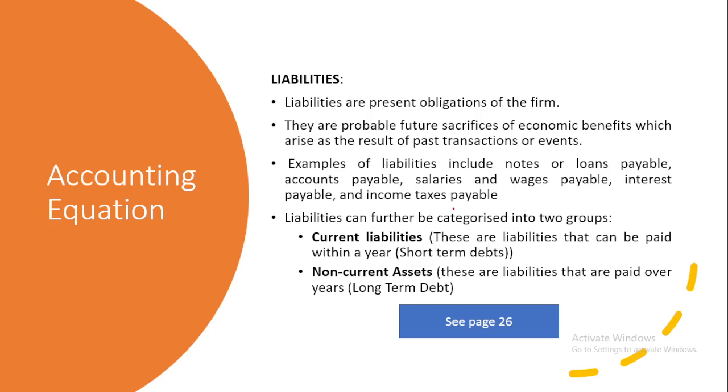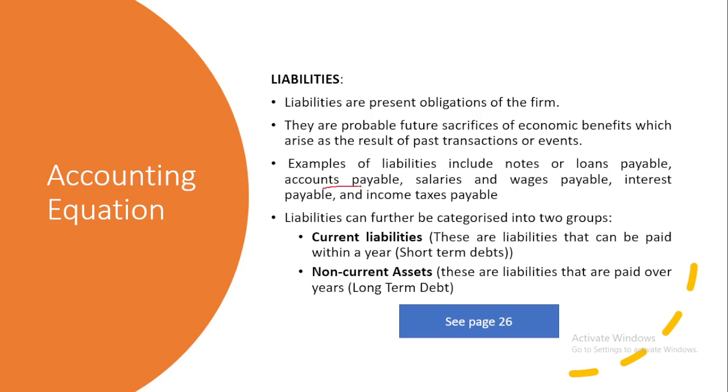So, same as the assets, liabilities as an element of the accounting equation can also be divided into two categories. Current liabilities are liabilities that can be paid within a year. We refer to them as short-term debt, things such as accounts payable.